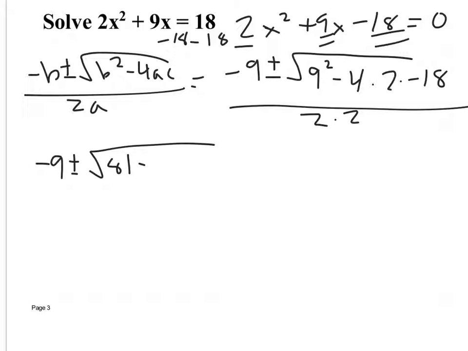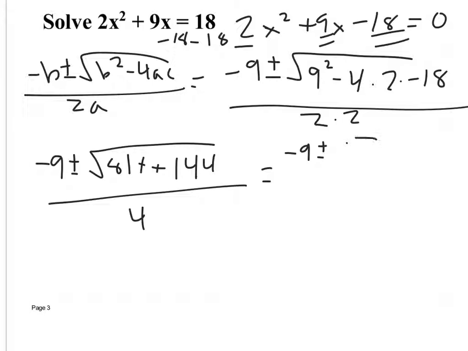So 81 minus negative 144, all over 4. Well, I've got two negatives side by side, so I'm going to add. 81 plus 144 is 225, and it's all over 4.